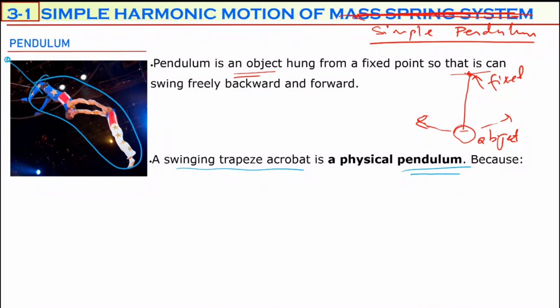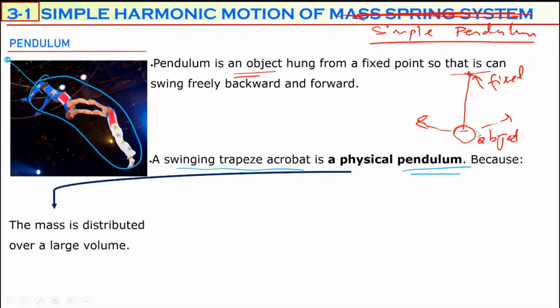Why is it called physical? Physical means you neglect nothing. It's a physical pendulum because mass is distributed over a large volume. As you see, it's not just a point mass. These two people have a very large area.